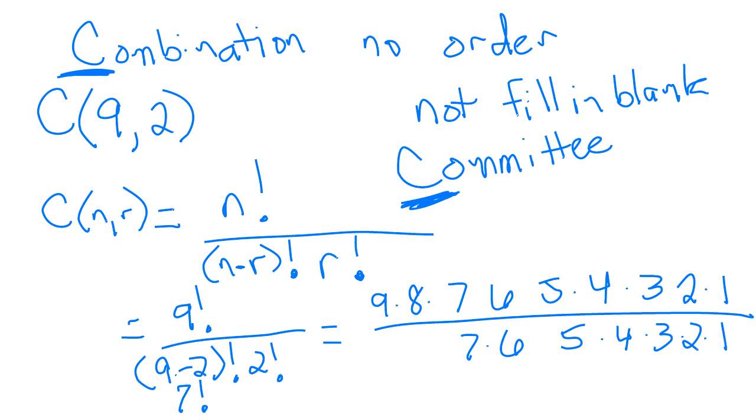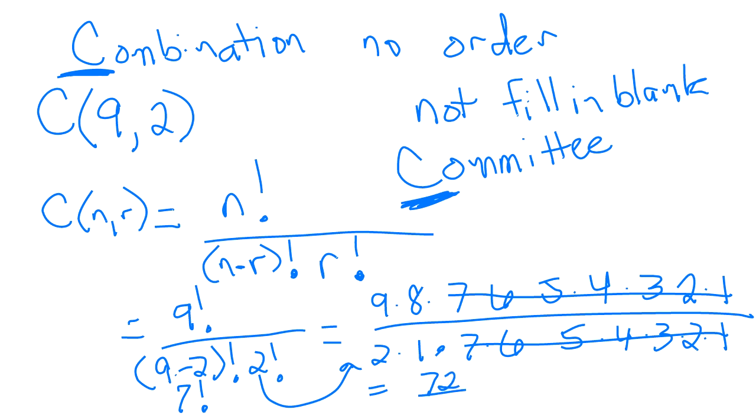And then the 2 factorial is 2 times 1, so that's all multiplied on the bottom. So again, all this is going to cancel because 7 divided by 7 is 1, 6 divided by 6 is 1, 5 divided by 5 is 1. So now you have 72 divided by 2, and you can divide that 2 into 8 if you want to, and you get 36.